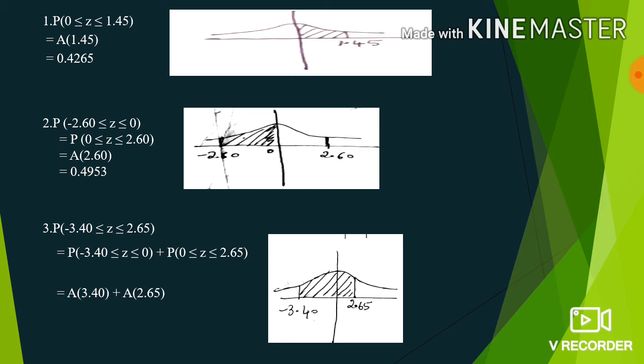For 0 to minus 3.40, see the previous second one, we have taken the positive value. So we can write it as A of 3.4 plus A of 2.65. We get the answer by using the table.